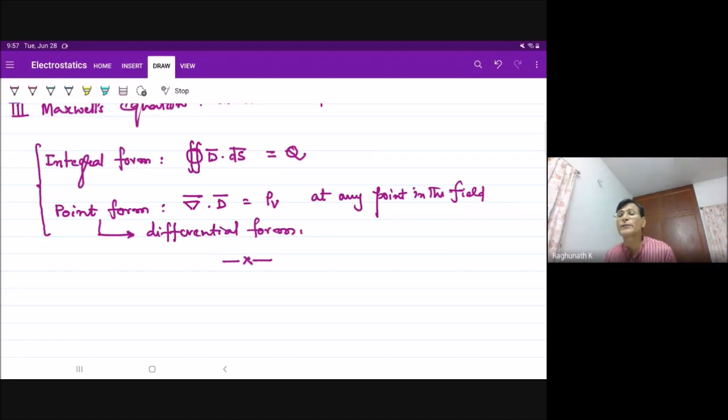Using the same concept, I showed, I think yesterday, that rho L by 2 pi epsilon r can be derived for an infinite filamentary line charge. And rho s by 2 epsilon is the field intensity derived for infinite surface charge of charge density rho s. Those two are the cases where we can derive the expression for the field intensity.